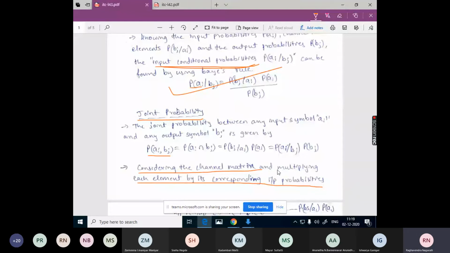Any doubts so far about the properties of this JPM? Yes, students, am I audible?